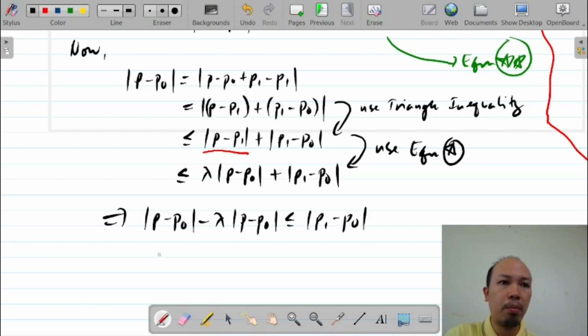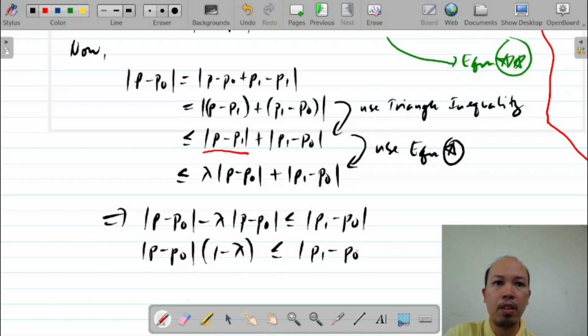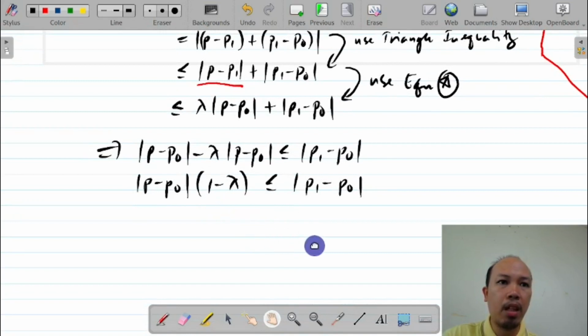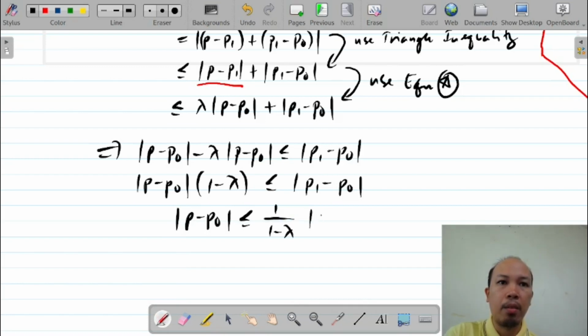If we factor |p − p_0|, we get |p − p_0|(1 − lambda) less than or equal to |p_1 − p_0|. Divide both sides by 1 − lambda, so |p − p_0| is less than or equal to 1 over (1 − lambda) times |p_1 − p_0|.